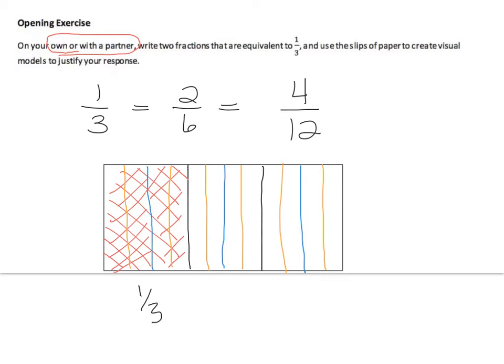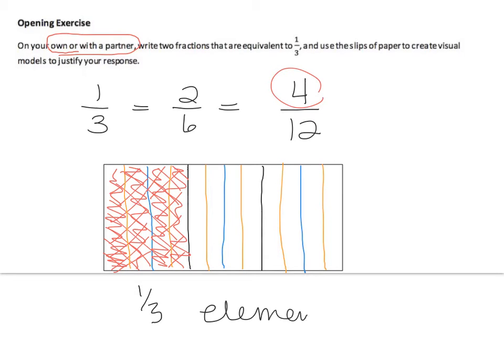Perfect. Now let's color it in. I'm going to color 4 of those 12 boxes: 1, 2, 3, and 4. Okay, it's just like we stepped back into elementary school.